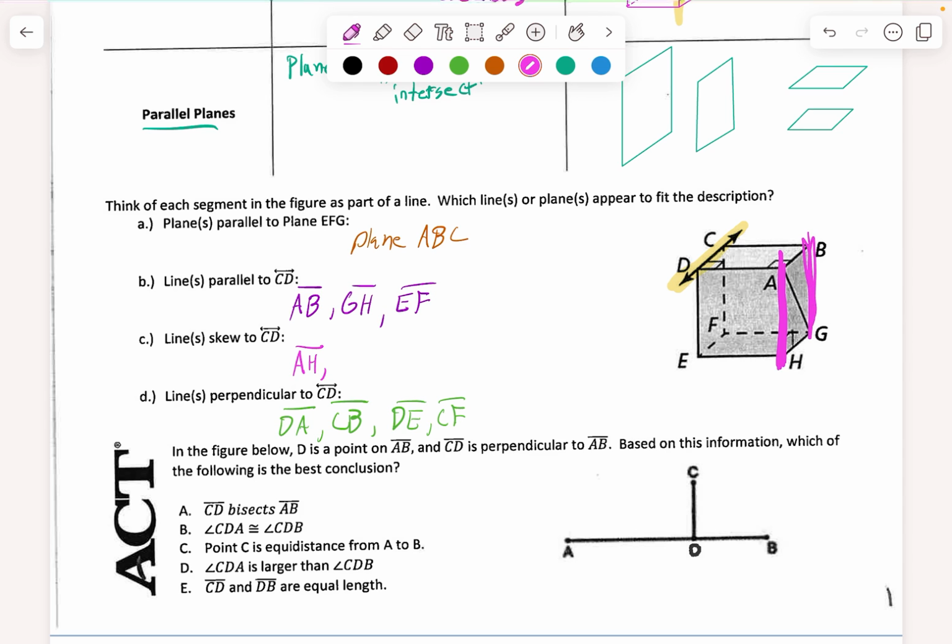There's a lot of options for this, actually. So you've got BG. Not that one. You could say EH and FG. And then you had this other one here, or AG.